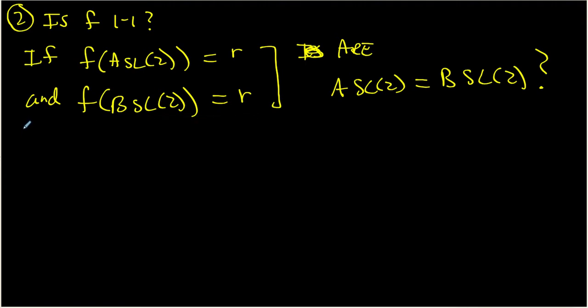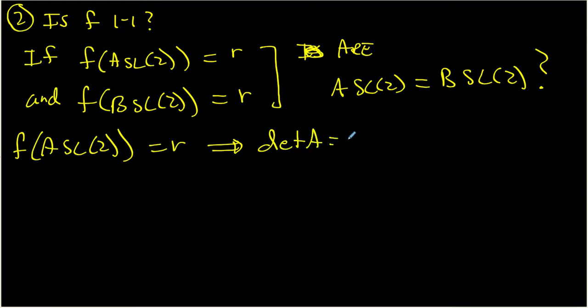So the first thing that I want to notice is that f of A times SL2 equal r says for sure that the determinant of A is equal to r by the definition of f.